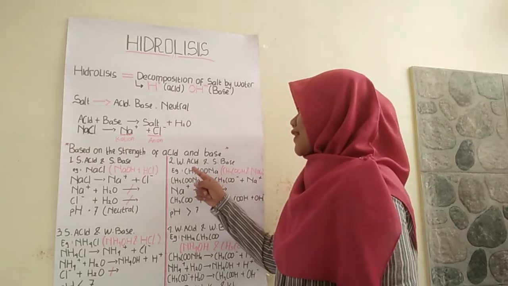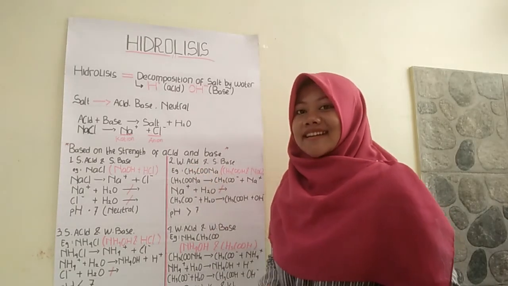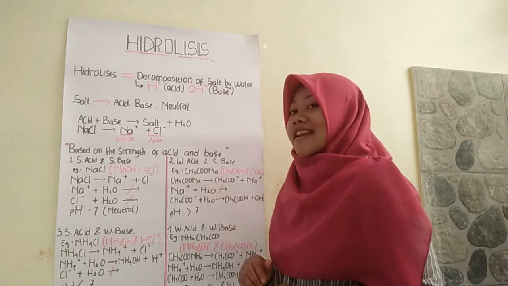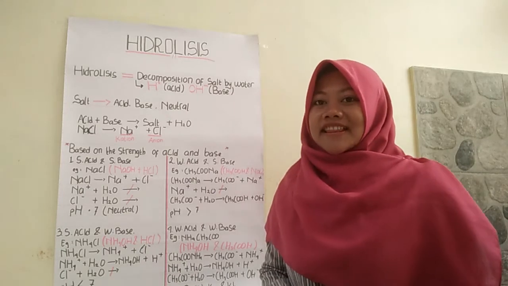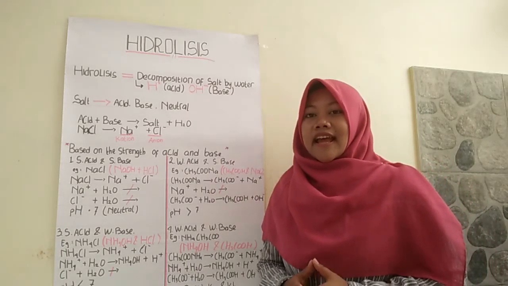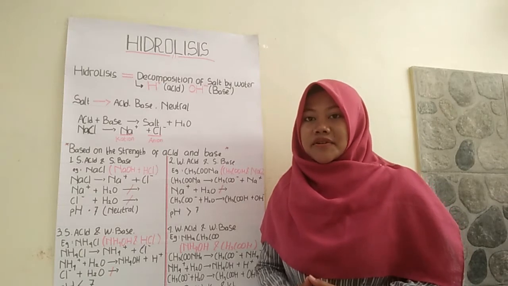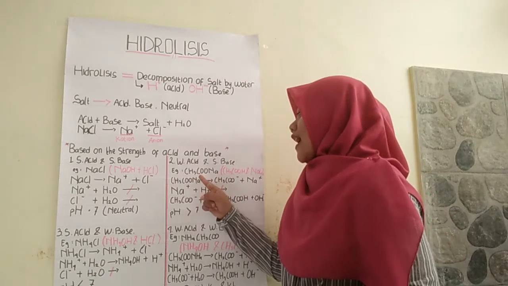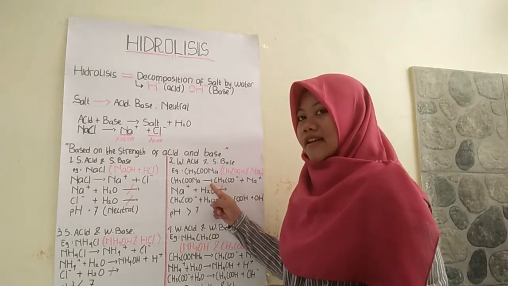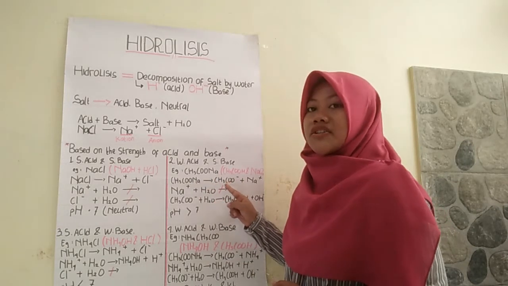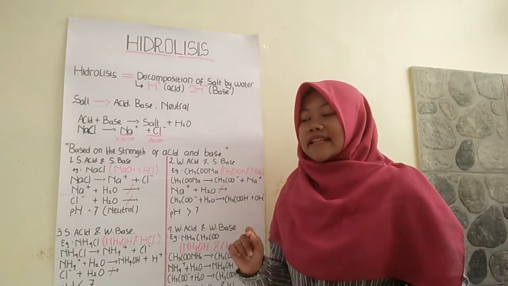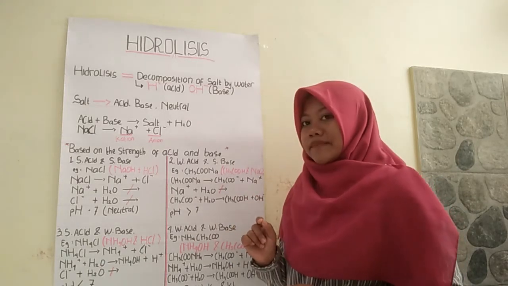Second is weak acid and strong base. For example, natrium acetate. Natrium acetate is from acetic acid and natrium hydroxide. Natrium acetate ionized into CH3COO minus and Na plus.